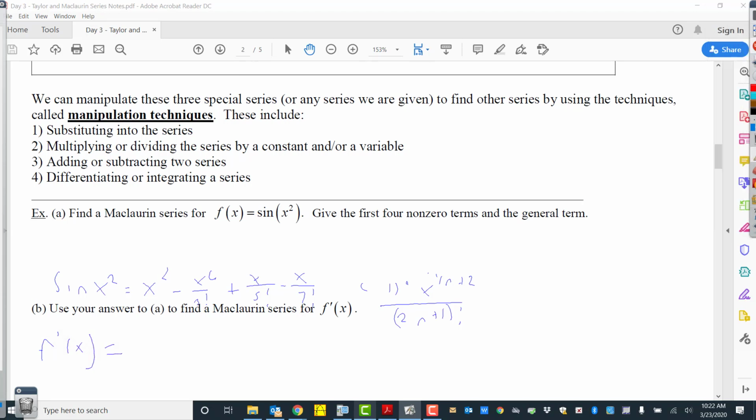is going to equal, well, we bring down the 2, and then 2 minus 1 just gives us x, minus bring down the 6, and then 6 minus 1 gives us 5 over 3 factorial, plus, oops, seems like I erased some things I needed. That's 10, that's 14. Bring down the 10.